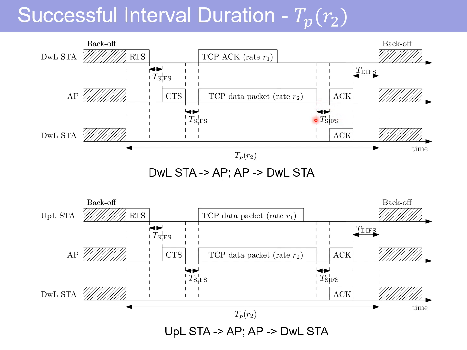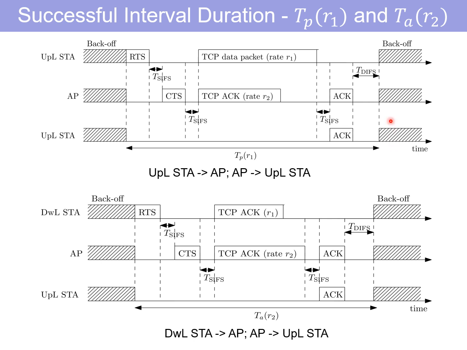transmission. Over here in this slide, we are showing the two cases where the renewal duration is TPR2. As you can see, the longer packet in both these cases is a TCP data packet sent at rate R2. Similarly, in this slide, the figure on the top, the longer packet is the TCP data packet sent at rate R1, which an uploading station is sending to the AP, and therefore in this case the renewal duration is TPR1.